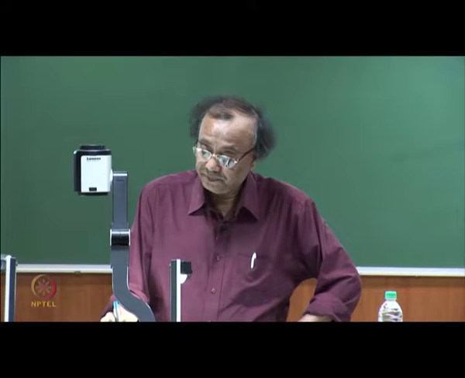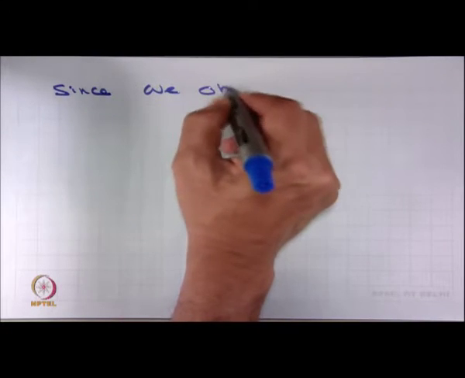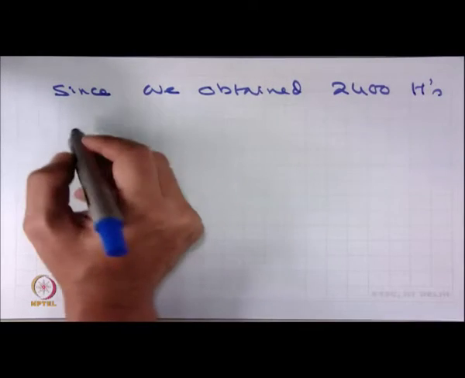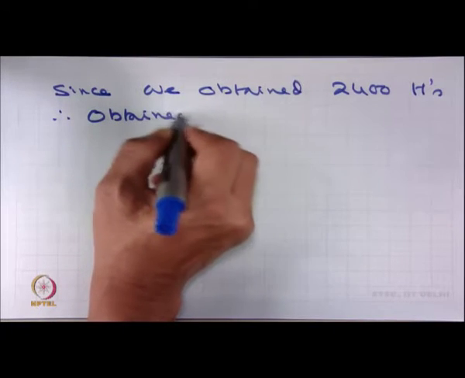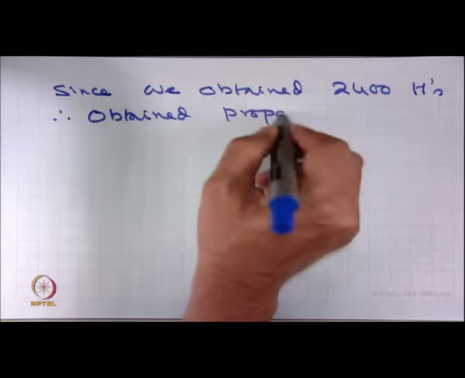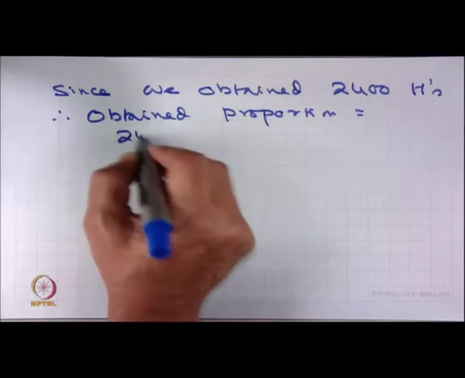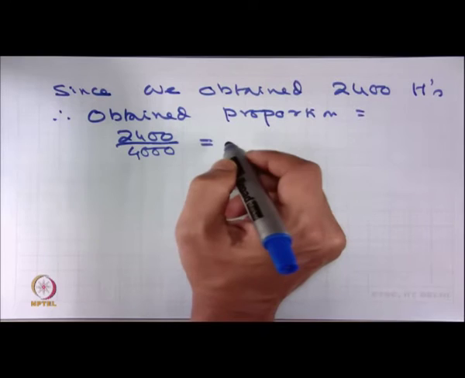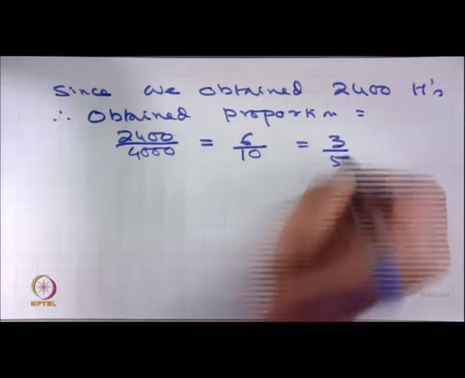Since we obtained 2400 heads, the obtained proportion is equal to 2400 divided by 4,000, which is 6 upon 10, which is 3 upon 5.